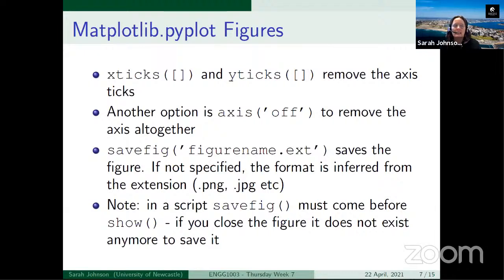And lastly, if we want to save the figure, we can use a function savefig, also from the matplotlib library. And it'll save the figure with the format that we've specified. So if we did figurename.png inside as the argument to our savefig function call, it would save the figure as a PNG figure.